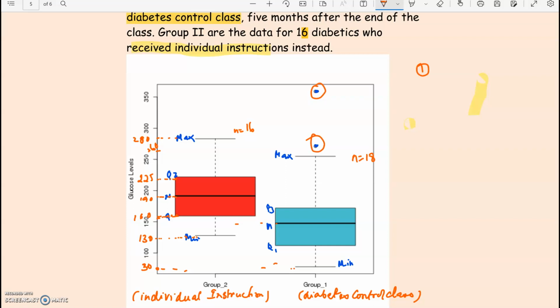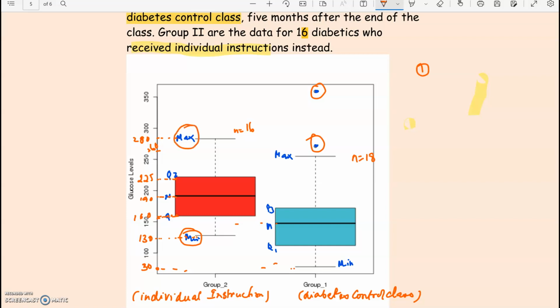There could be people who probably didn't follow instructions, but overall, we are looking at a majority that basically had blood glucose levels between 30 and 260, as compared to 130, which is the minimum for group 2, and a maximum of 280.